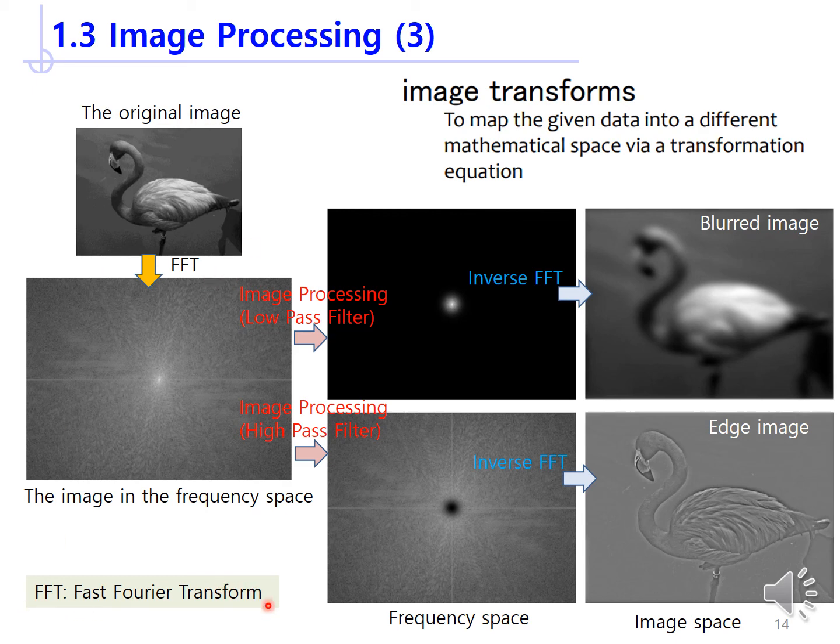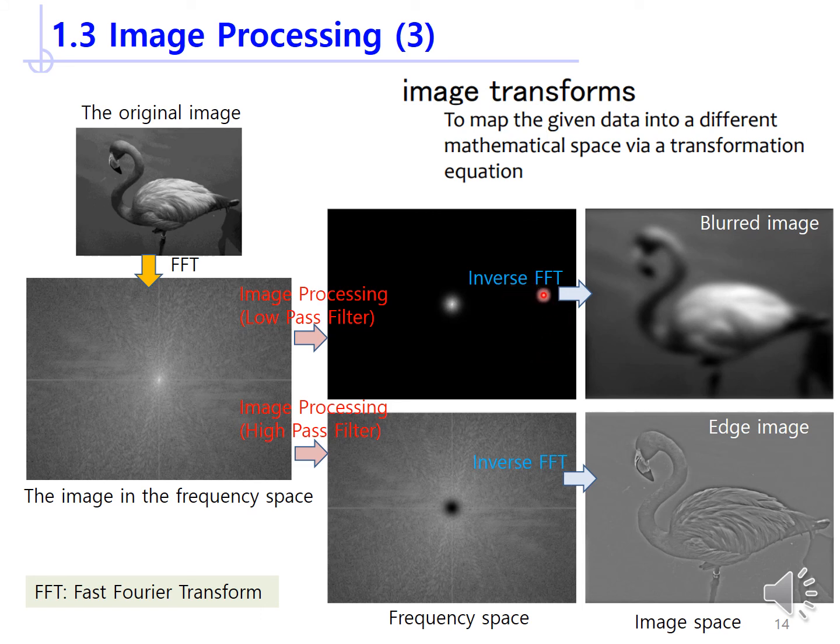FFT means the fast Fourier transform. And when we apply the low pass filter to the image in the frequency space, here is a low pass filter. When we apply the low pass filter, we can get this result.